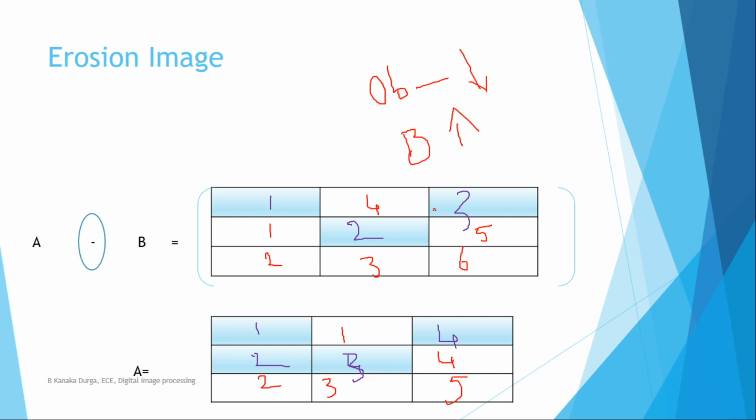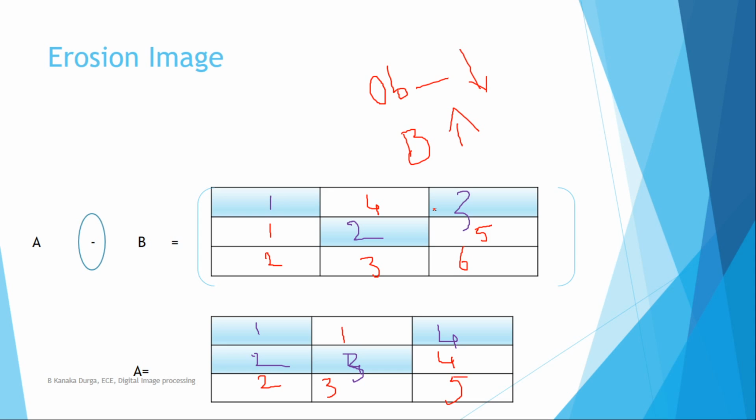Mainly in the erosion concept, we have to remember that whenever I apply the erosion operation on any image with respect to the structuring element, the size of the object is going to decrease. The dilation operation increases the size of the object, while the erosion operation decreases it.